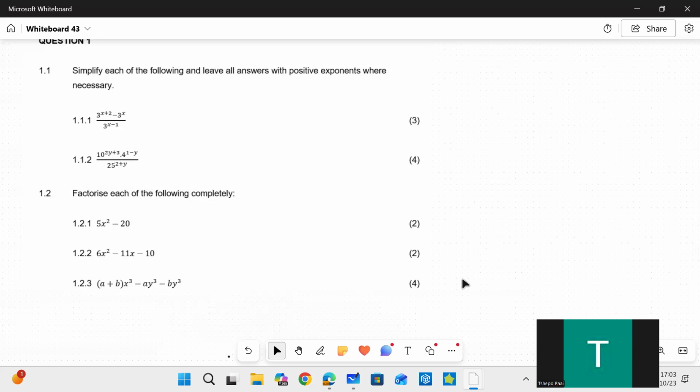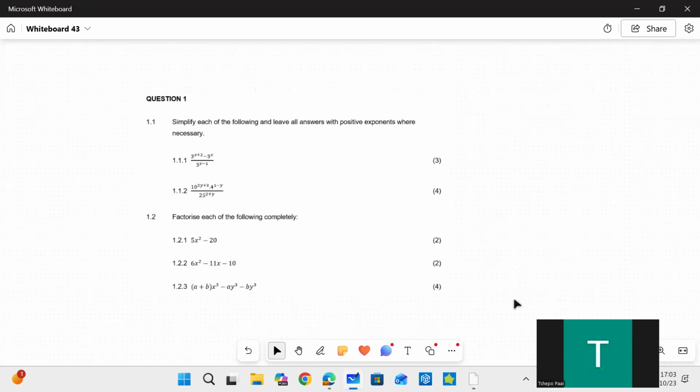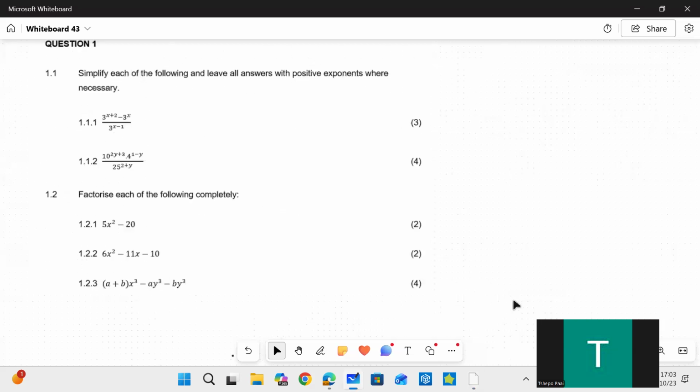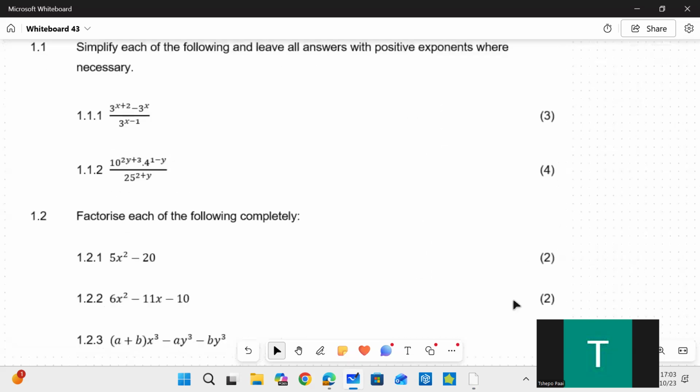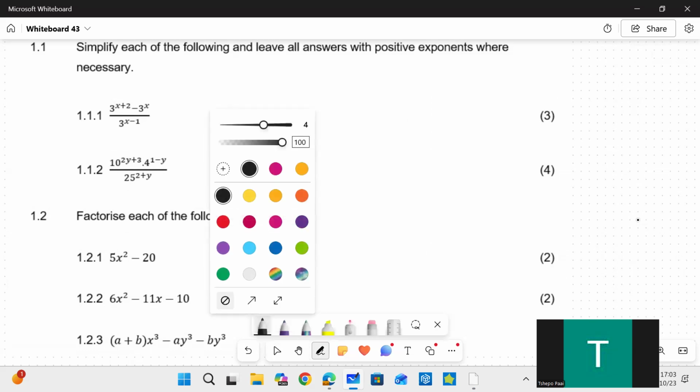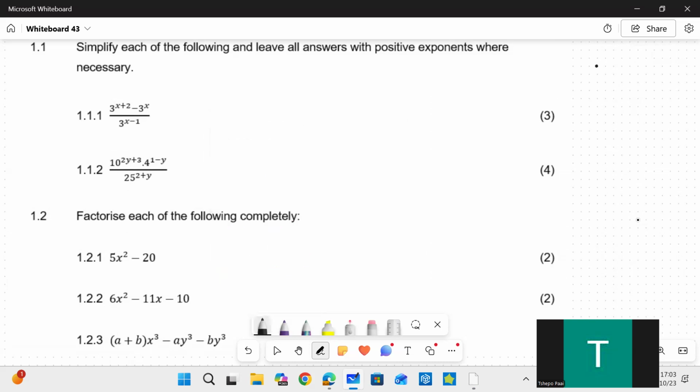Looking at the question itself, you now have to take out a common factor because your terms are separated by a minus. When the terms are separated by minus or by a plus, you take out a common factor.